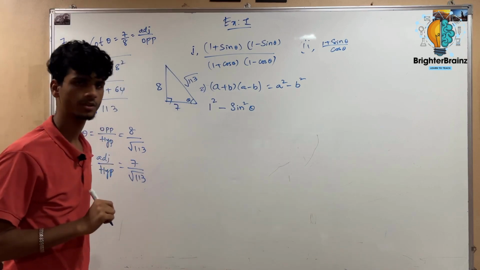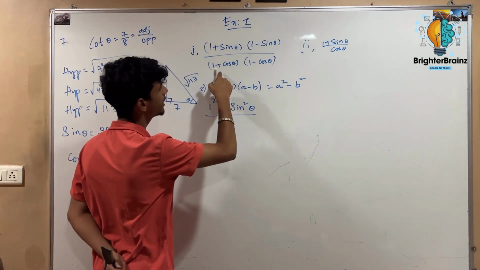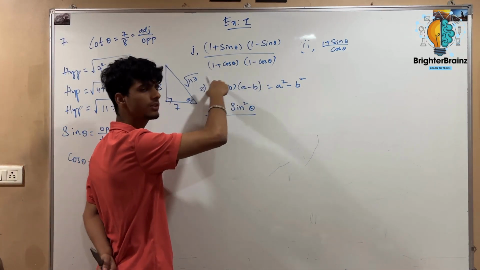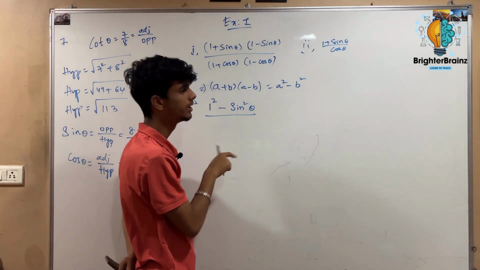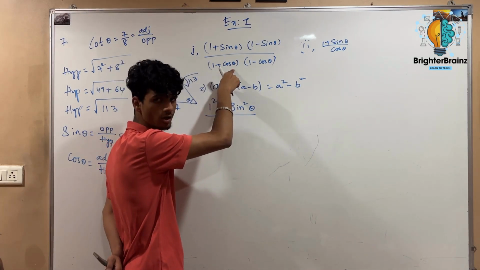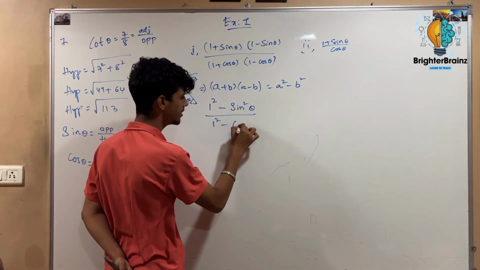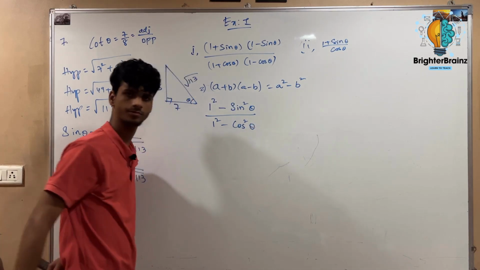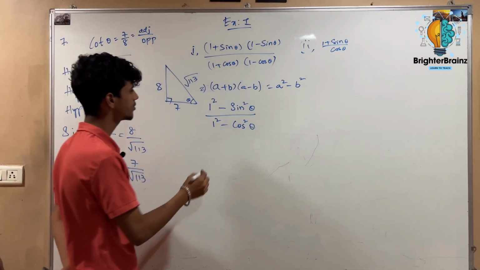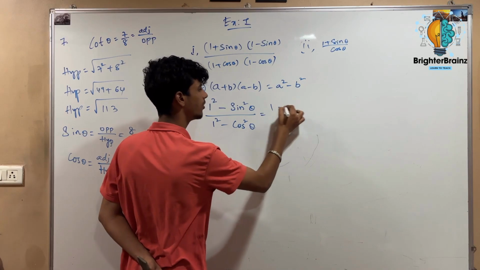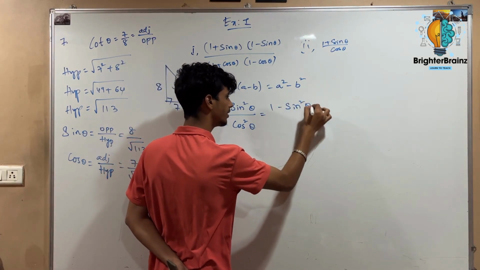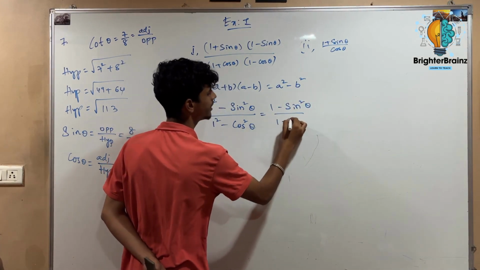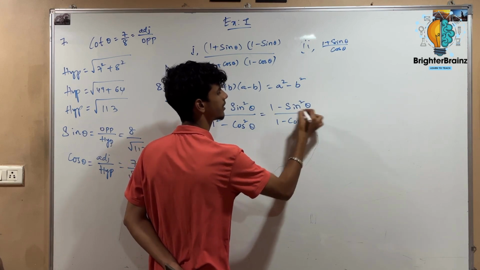And even in the denominator it is in the form of a plus b into a minus b. Here a is 1 and b is cos theta. So a square minus b square. Now 1 square is 1, so 1 minus sine square theta divided by 1 minus cos square theta.